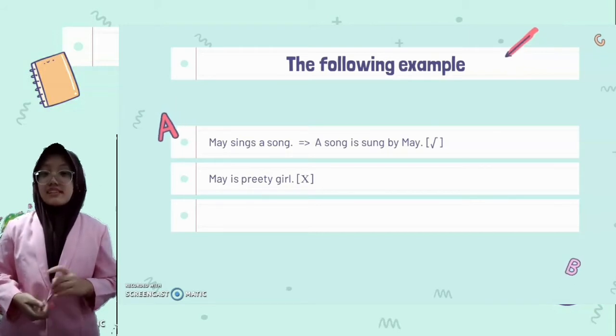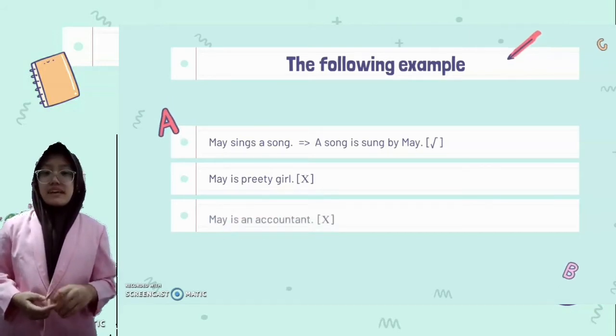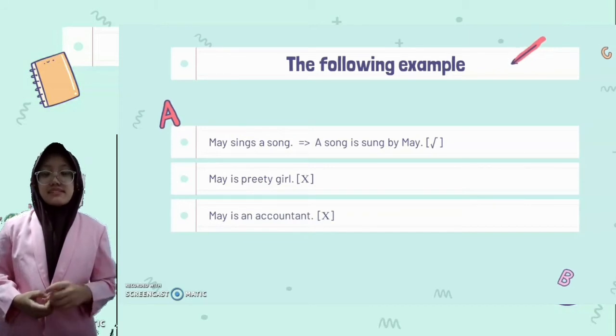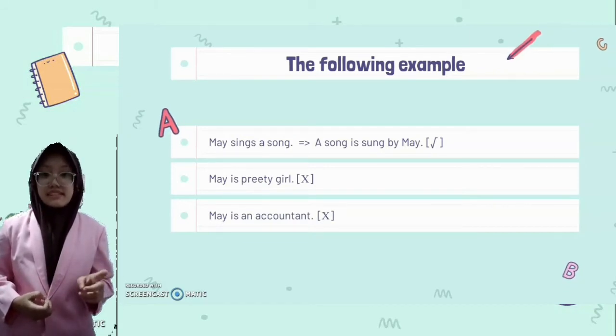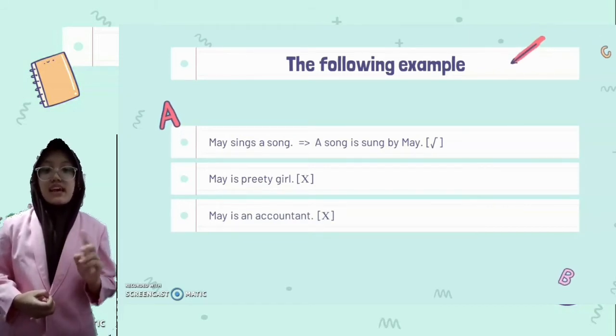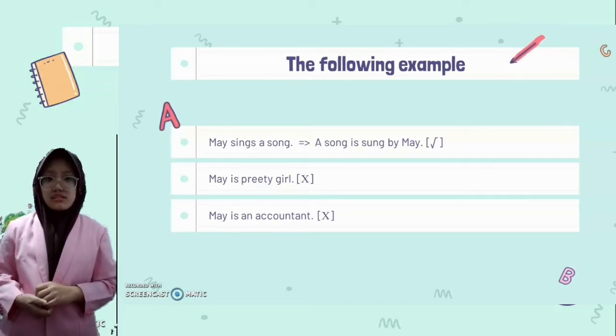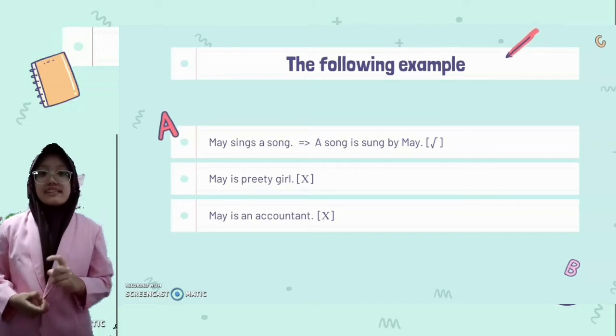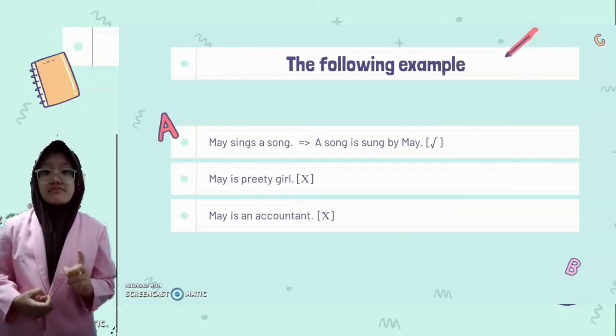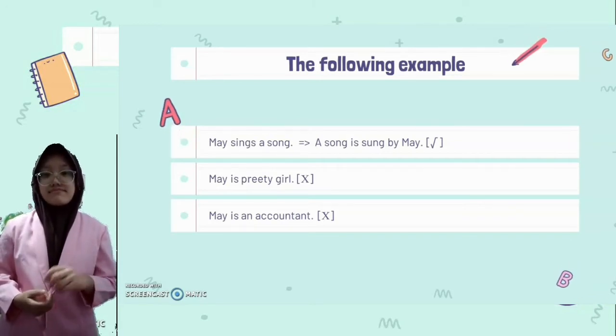And then another example is May is an accountant. This is an active sentence, but this sentence cannot be converted into a passive voice. Why? Because this sentence doesn't use a verb, but uses a noun.